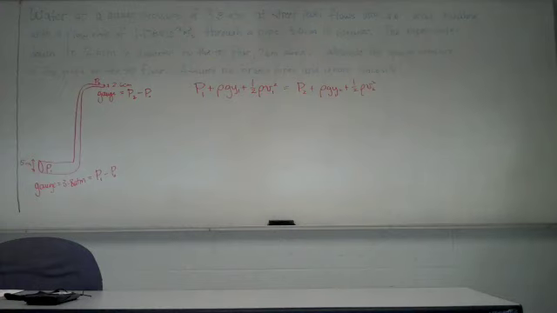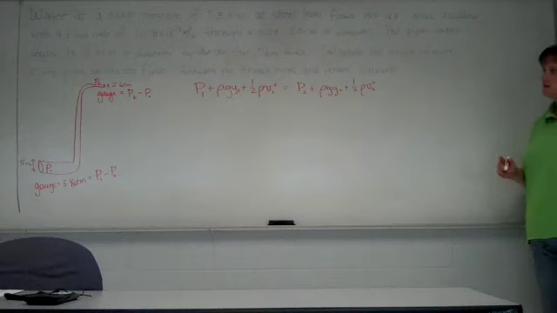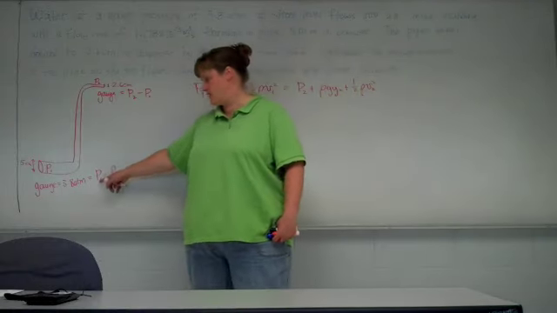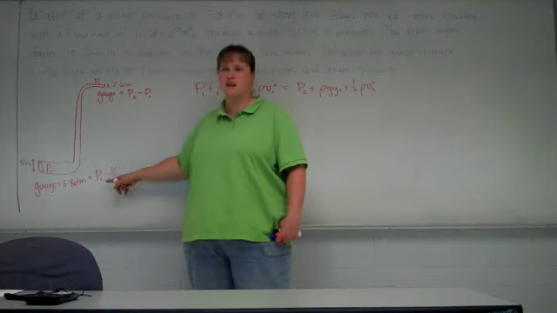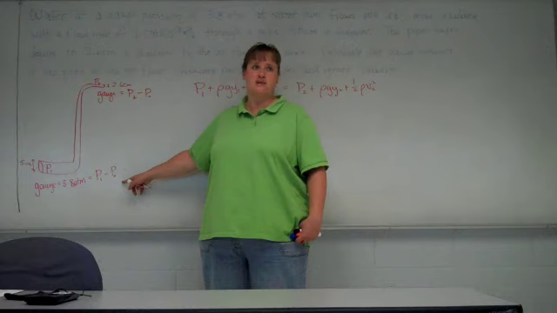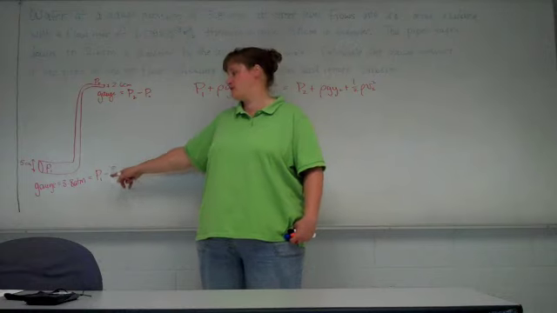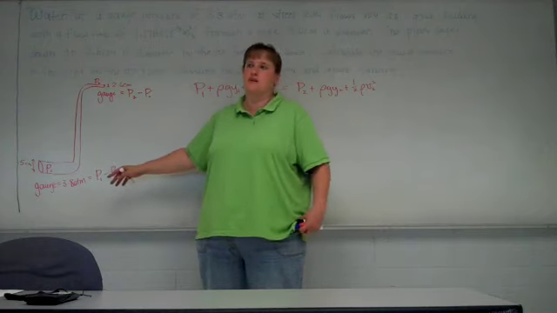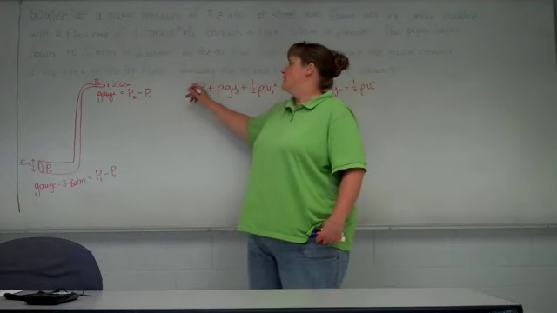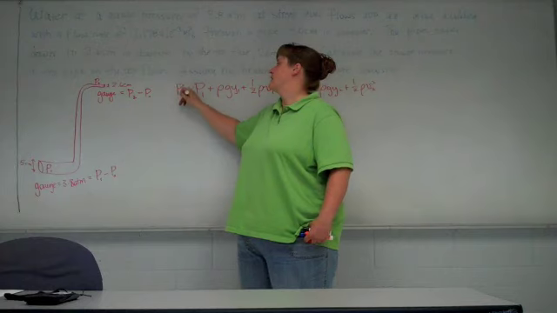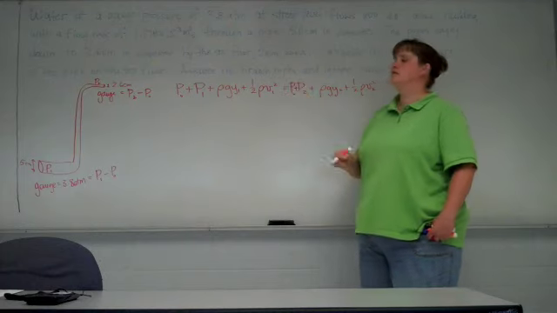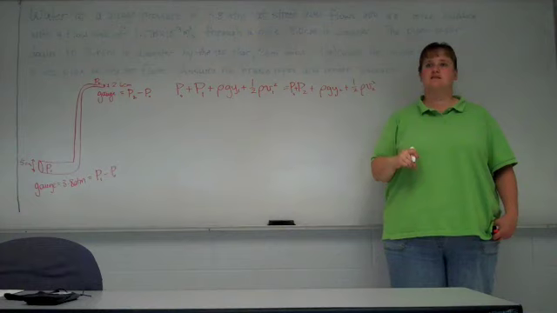Now P1 and P2 are the absolute pressures at those points. If we were to solve for P1, it would be the 3.8 atm plus P naught. You with me? So the absolute pressure at that point would be 3.8 atmospheres plus 1 atm, so basically 4.8 atm. Is that legal?